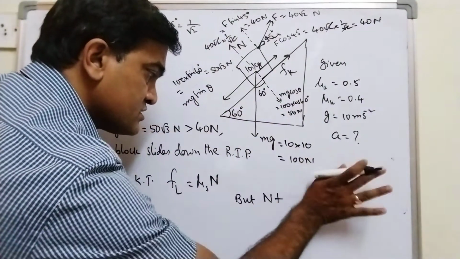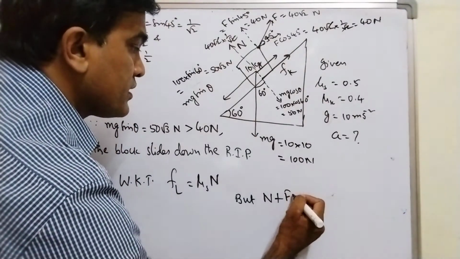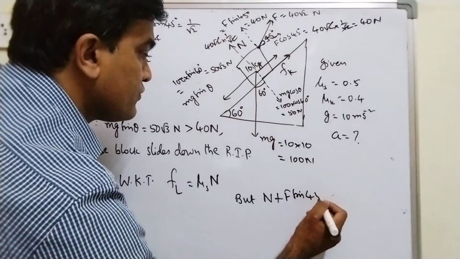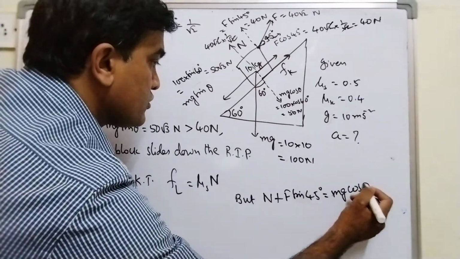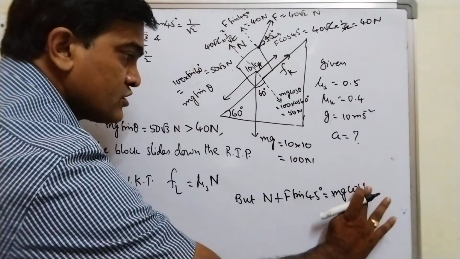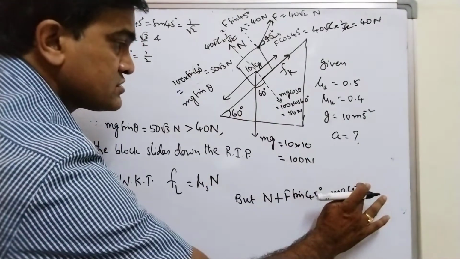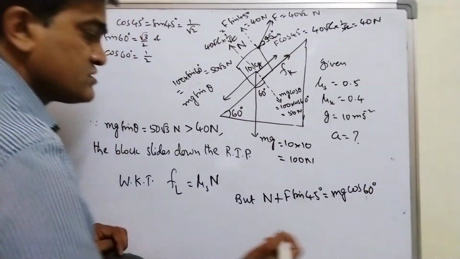Let me write it: N plus capital F sin 45 degrees is equal to mg cos theta, or mg cos 60, because the angle of inclination is given as 60.